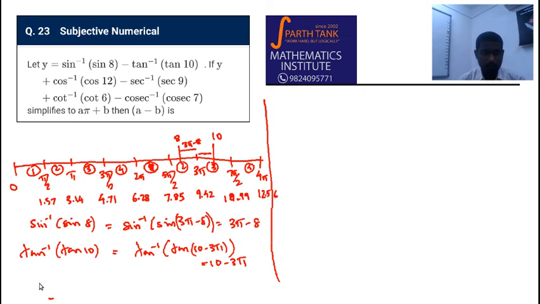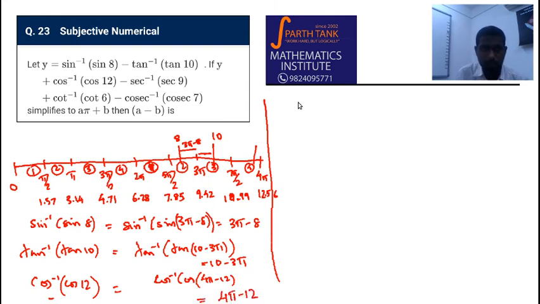Third one, cos inverse of cos 12. Now you see cos 12 is right up here just before 12.56, and it's in the fourth quadrant, where cos should be positive, and if cos is positive then its angle should be an acute angle, so I take only 4 pi minus 12. So this is nothing but cos inverse of cos of 4 pi minus 12, which is 4 pi minus 12.